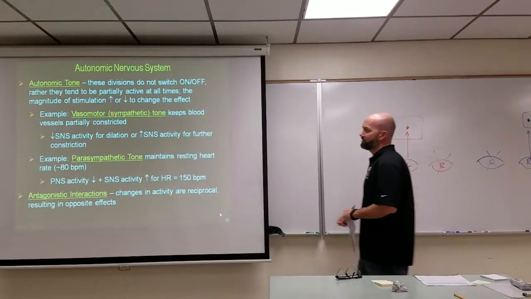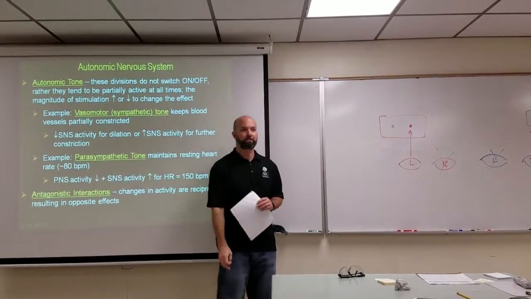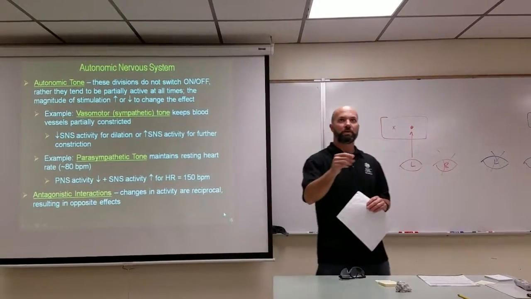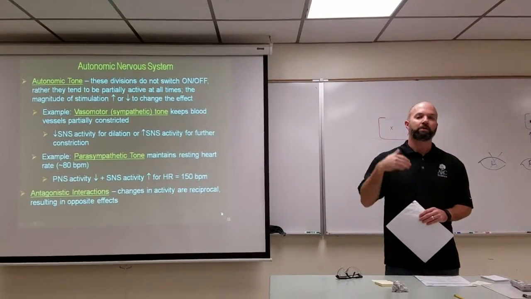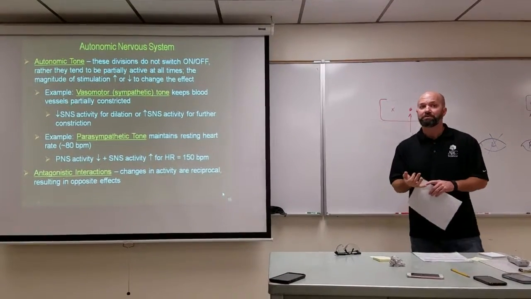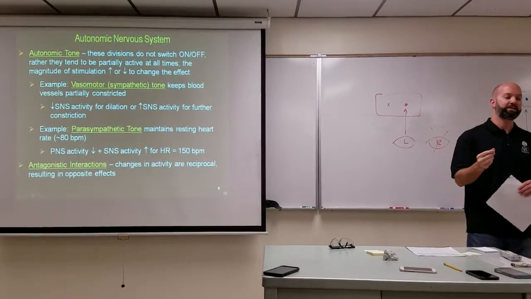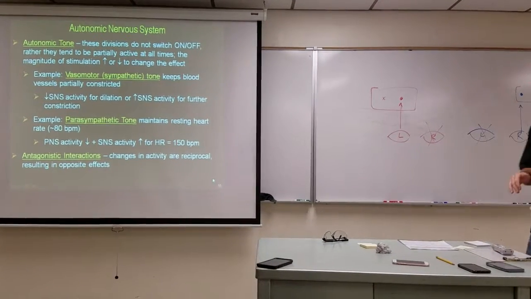For sympathetic nervous system, vasomotor tone is a good example. Blood vessels are constantly being stimulated by sympathetic fibers, constantly releasing norepi. It's binding to those alpha receptors, and it's keeping our blood vessels partially constricted. So that's kind of the baseline.